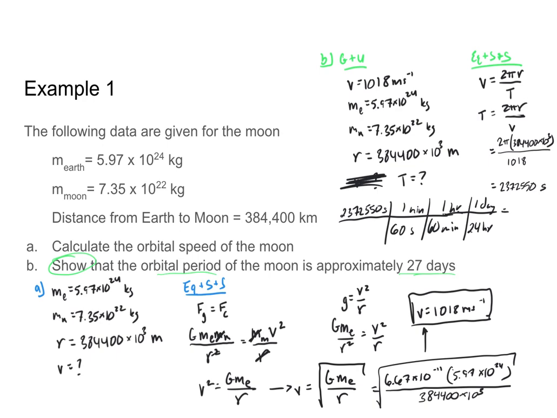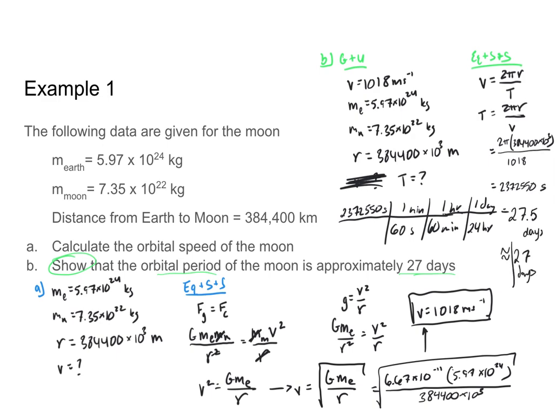Therefore, putting this all in my calculator, multiplying across the top, dividing across the bottom, I get that my period is approximately 27.5 days, which is of course approximately 27 days.